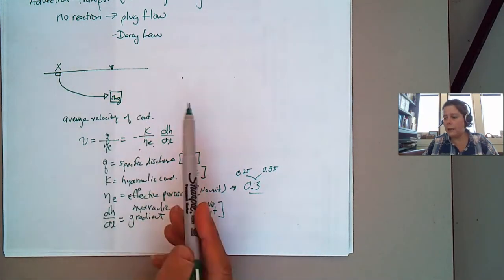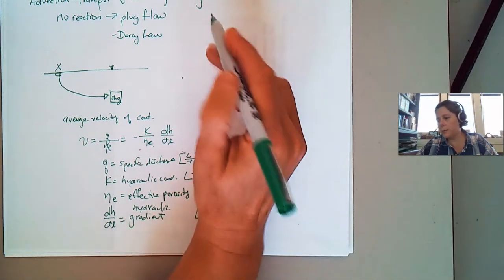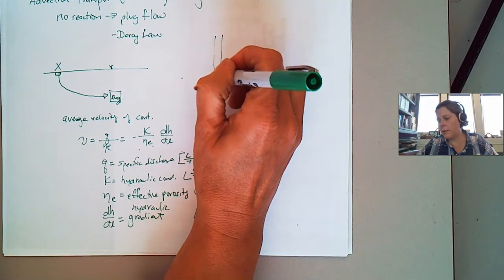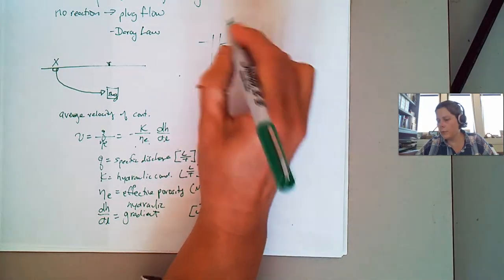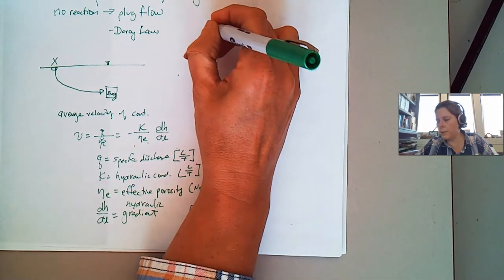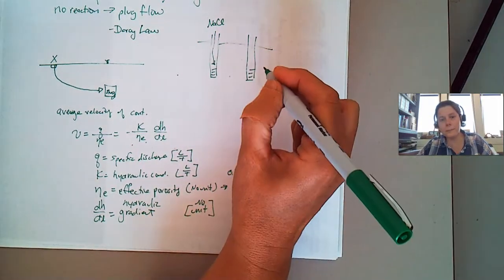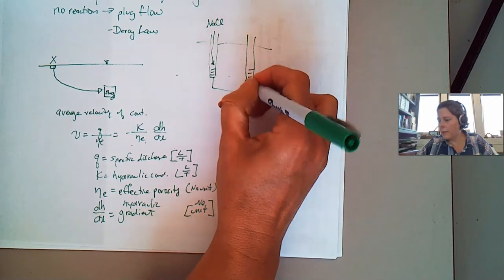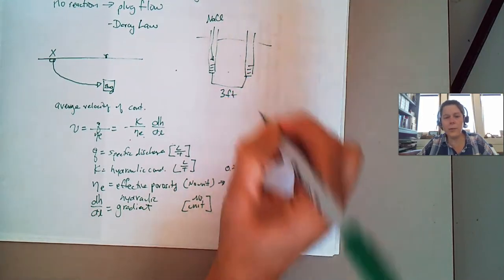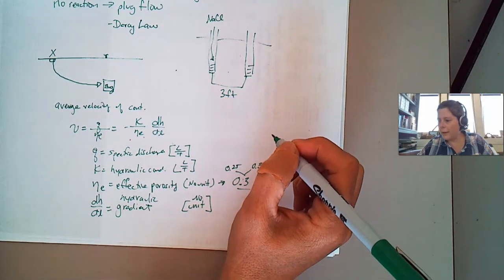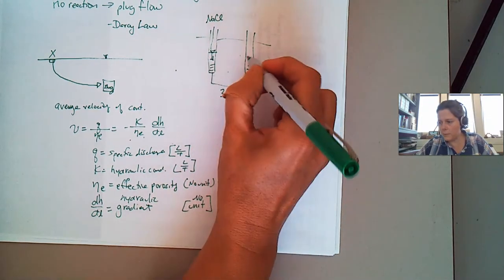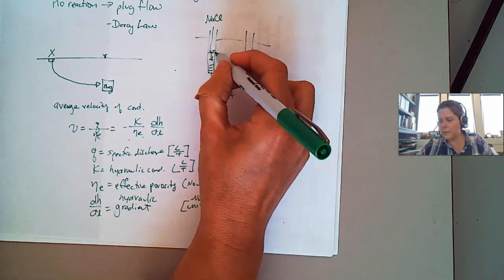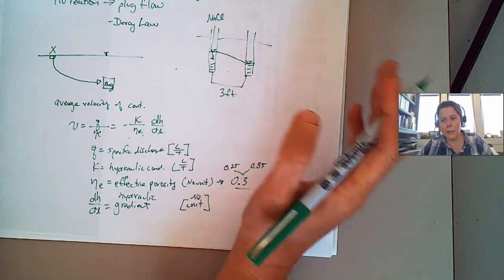And if you know how far apart two wells are, say you had one well here and another well here, and you spilled sodium chloride into here, and they are 3 feet apart, and you know the hydraulic conductivity and the head difference between the two, so you can figure out your gradient.